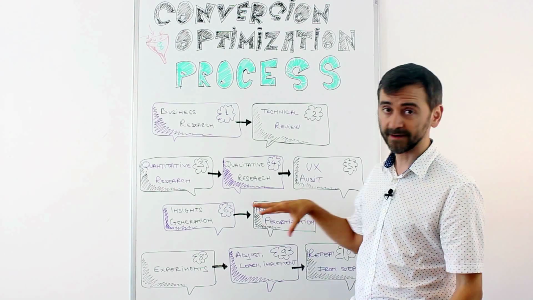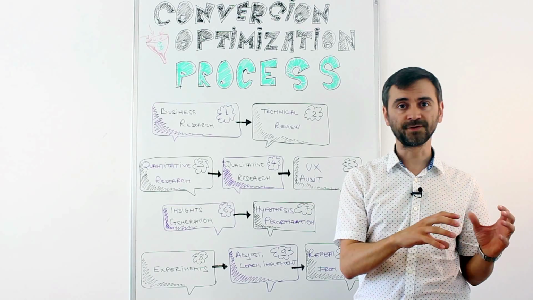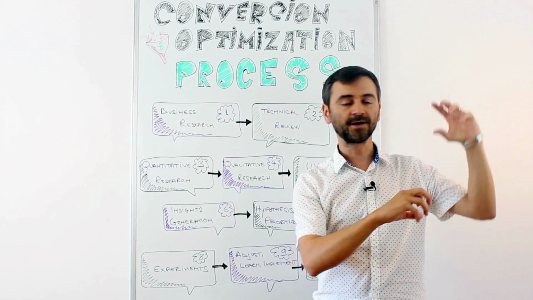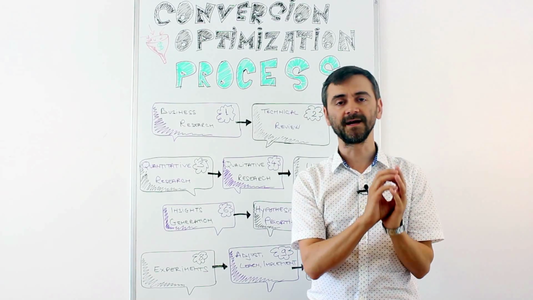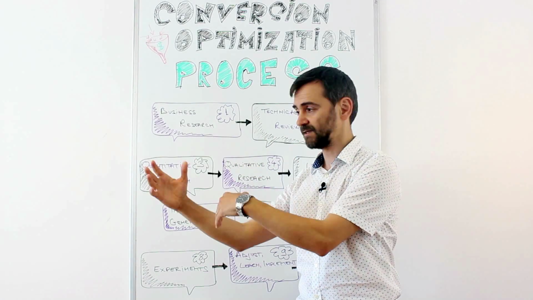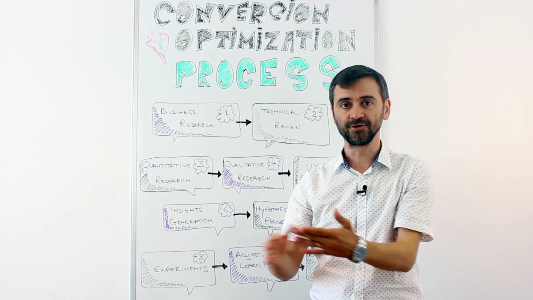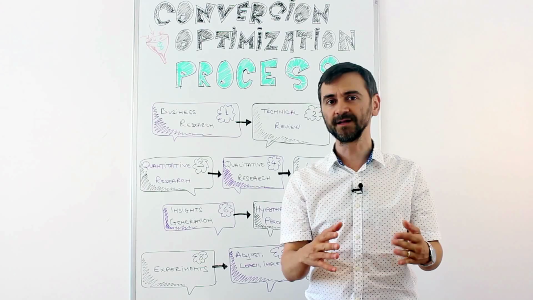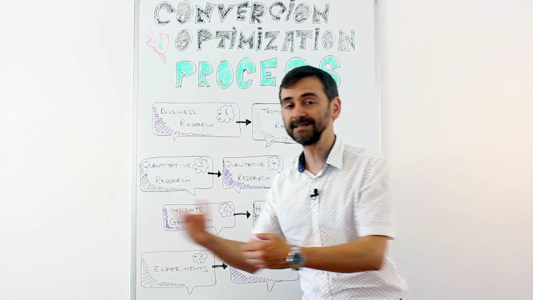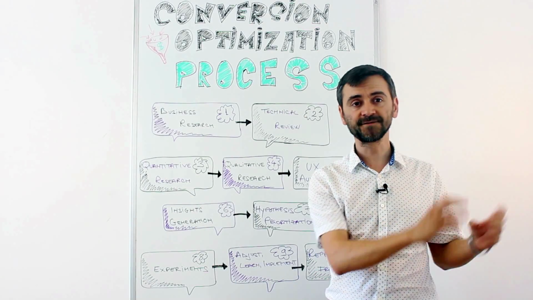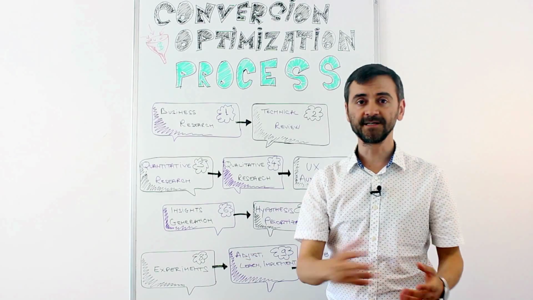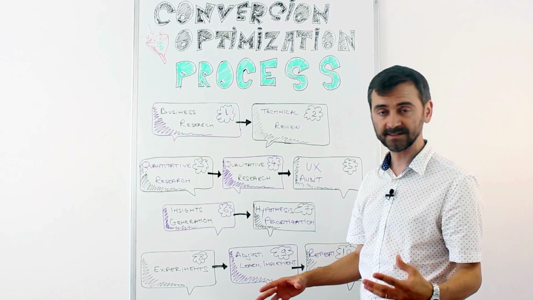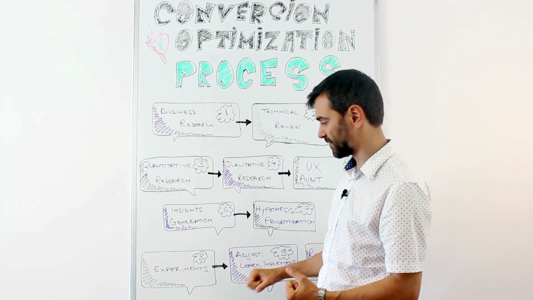So based on how the hypothesis is being made, and the hypothesis is something like, because of insert the insight, we're gonna insert the exact change that you're gonna do on a specific page or on a specific segment, we expect this to happen. So because of that, let's change that and see, because we expect this uplift or this change in the conversion.